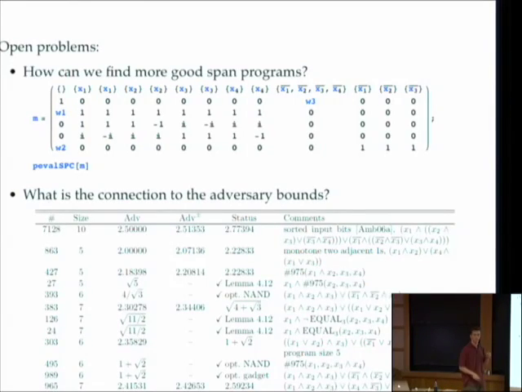Is it obvious what the columns should correspond to? Like subsets of variables or subsets of literals? That's the definition. In this span program, every column is a vector in one of your subspaces. So it's associated to some literal, to some variable and its value. You can use it only if that variable has this value.